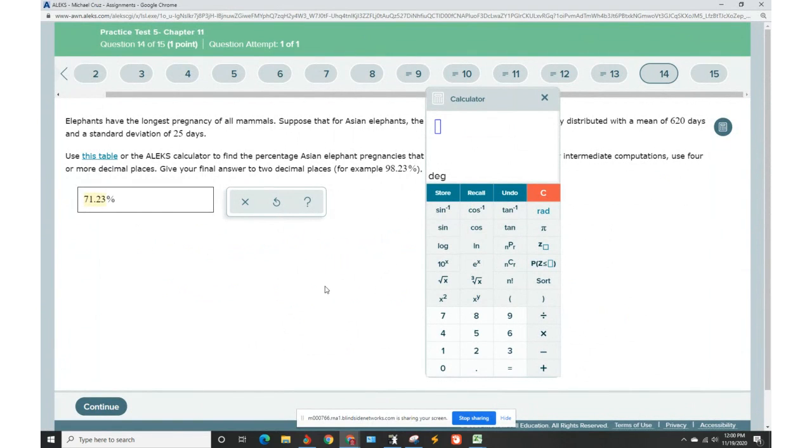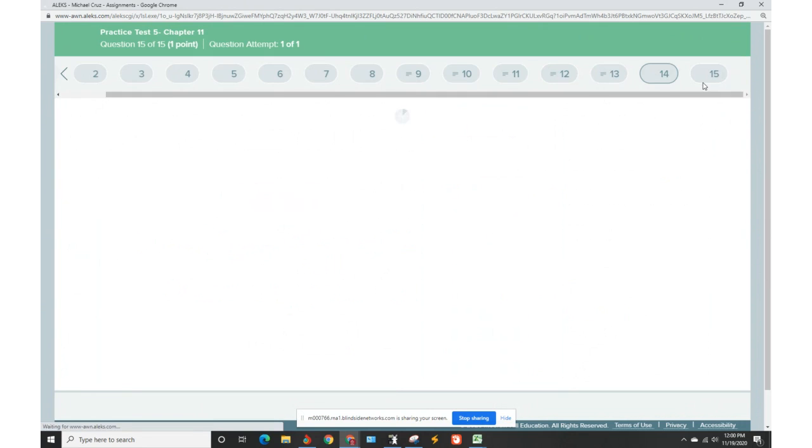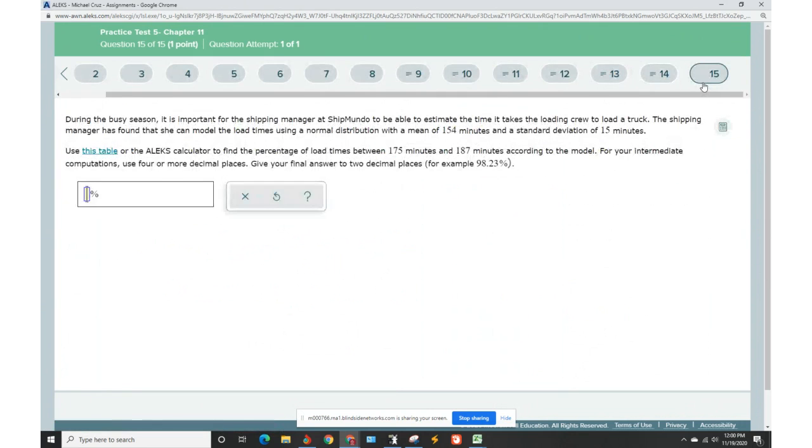So pay attention to whether it's less than or greater than. This is definitely greater than because it's longer. And this was probably going to be a between.